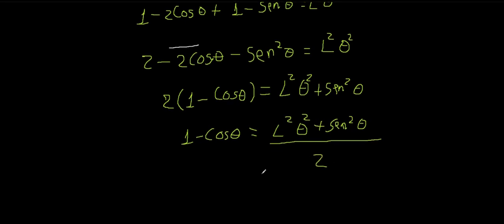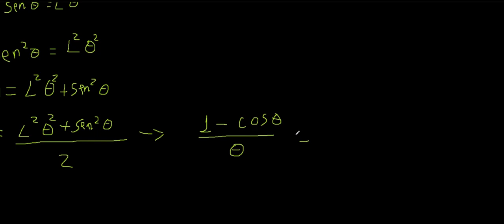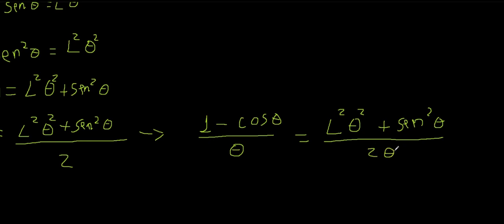Now we divide by theta. So 1 less cosine of theta divided by theta is the same as theta squared over sine squared of theta, and dividing by sine theta is homogeneous.